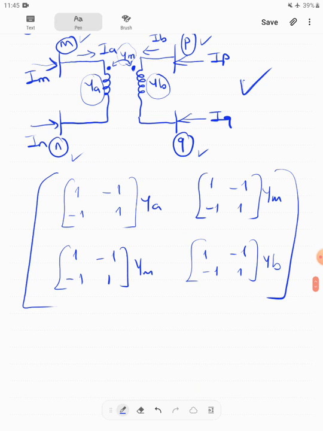Here we are using a common square matrix involving only plus 1 and minus 1, and these are the multiplication coefficients of each 2 by 2 square matrix: Ya, Yb, Ym, and Ym.